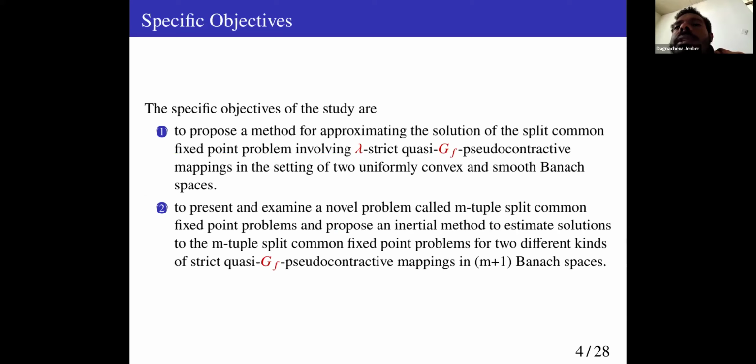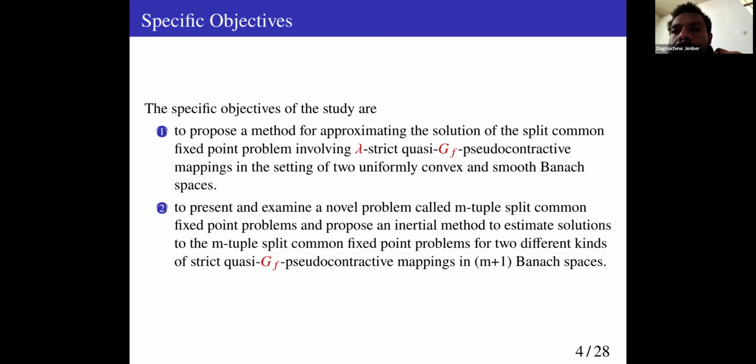So these are the specific objectives of this study. The first one is to propose a method for approximating the solution of the split common fixed point problem involving lambda strict quasi-JF pseudo-contractive mappings in the setting of two uniformly convex and smooth Banach spaces.